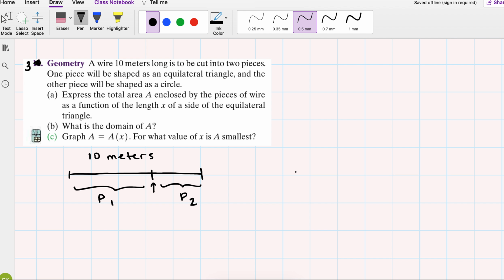And with that first piece, I'm going to bend it and make it an equilateral triangle. And that's using the P1 piece, so we bend it like that. And then with the P2 piece, we're going to make a circle.